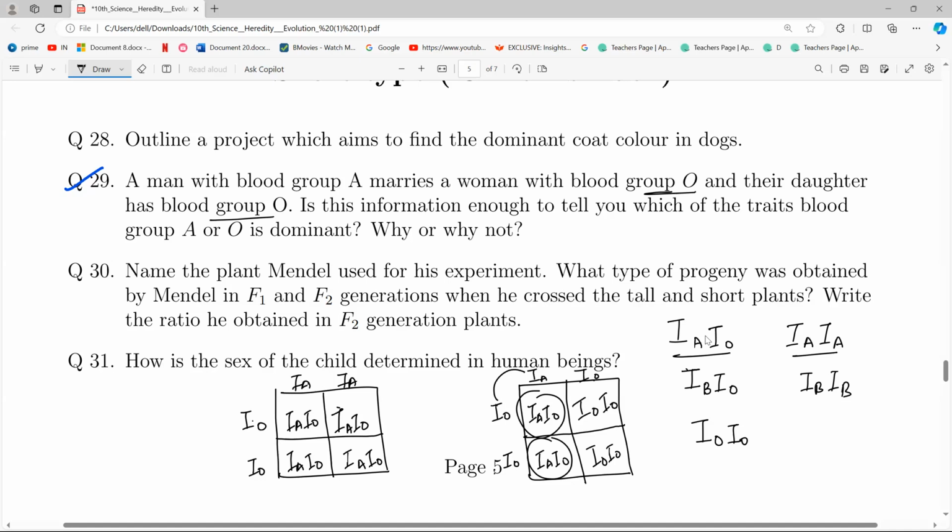Okay, just imagine, this can also be explained by using another example. Let me explain with another example.